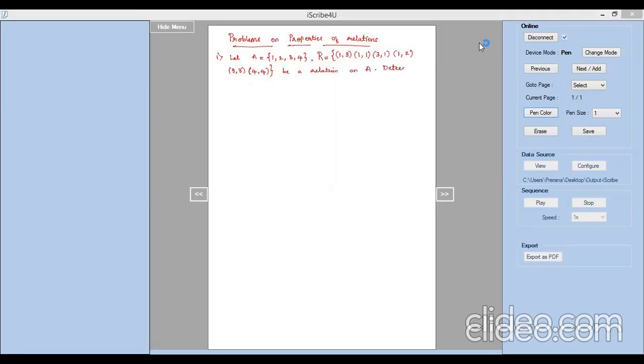Determine whether R is reflexive, irreflexive, symmetric, antisymmetric, or transitive.